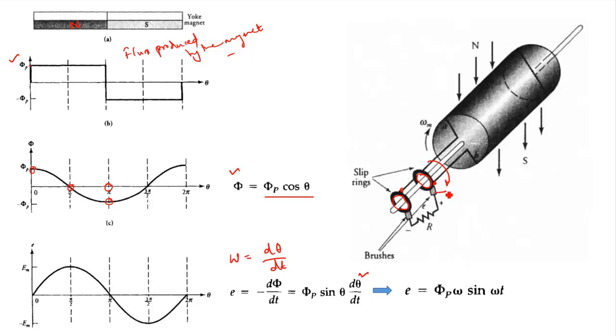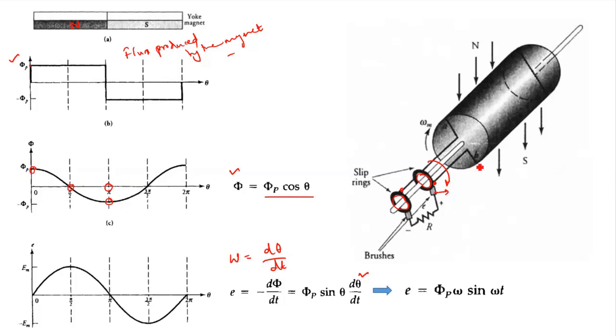This is a carbon brush, a good conductor of electricity, so we can collect the voltage across it. This will be positive and this negative in one cycle, and then it will change as the rotor goes on rotating. This is how we collect the EMF at the terminal of the generator.